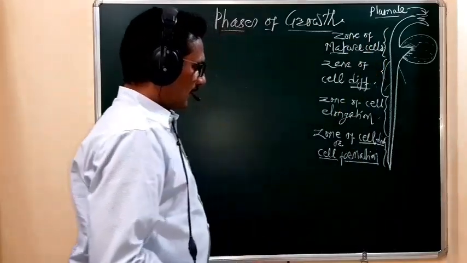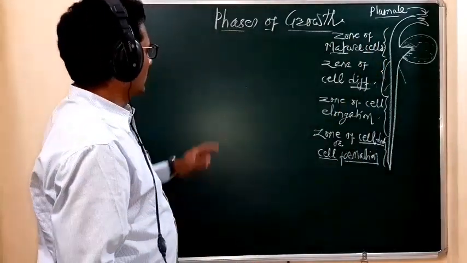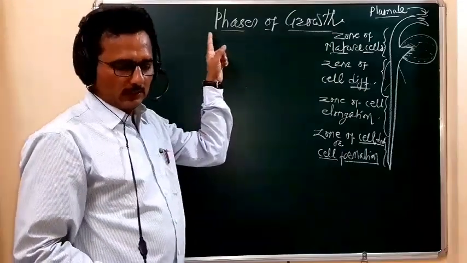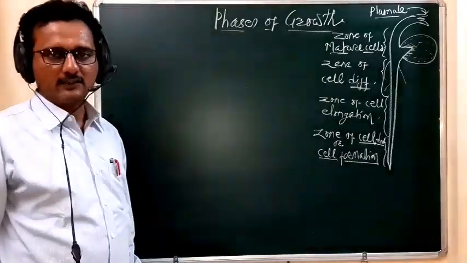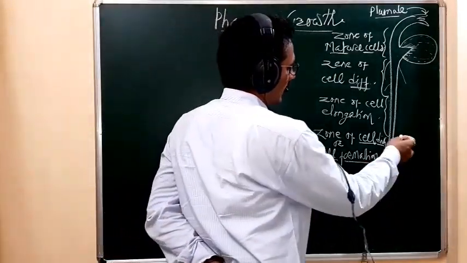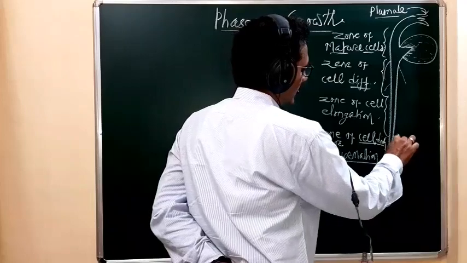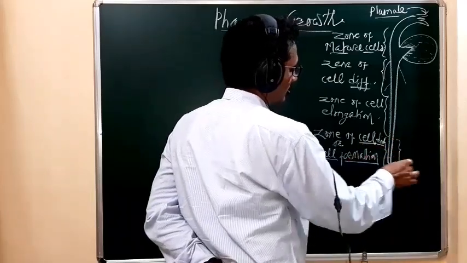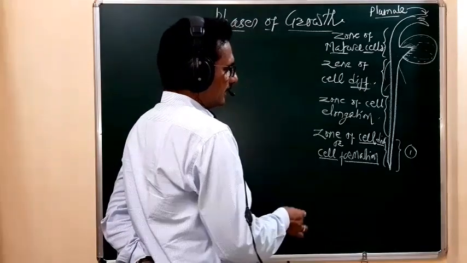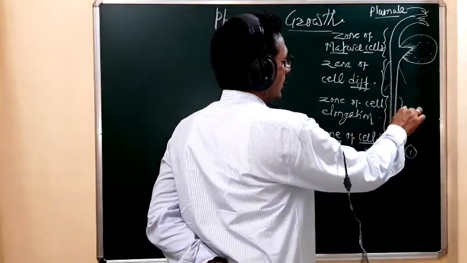So students, when we study the phases of growth, we observe three different phases. The first phase is the zone of cell division. The second phase is the zone of cell elongation.